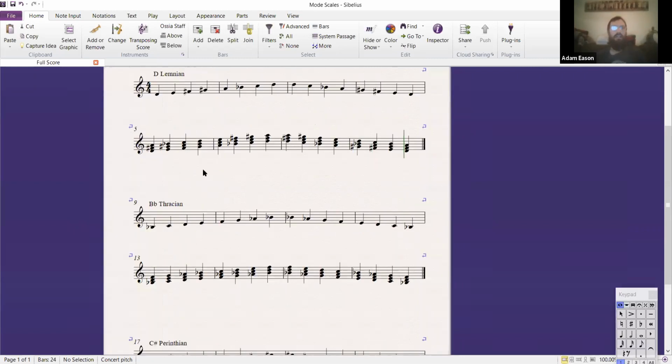Okay, so kind of adjacent. I think they're in different rows. Yes, they're in different rows, so they have a different arrangement of whole and half steps is what's going on there.